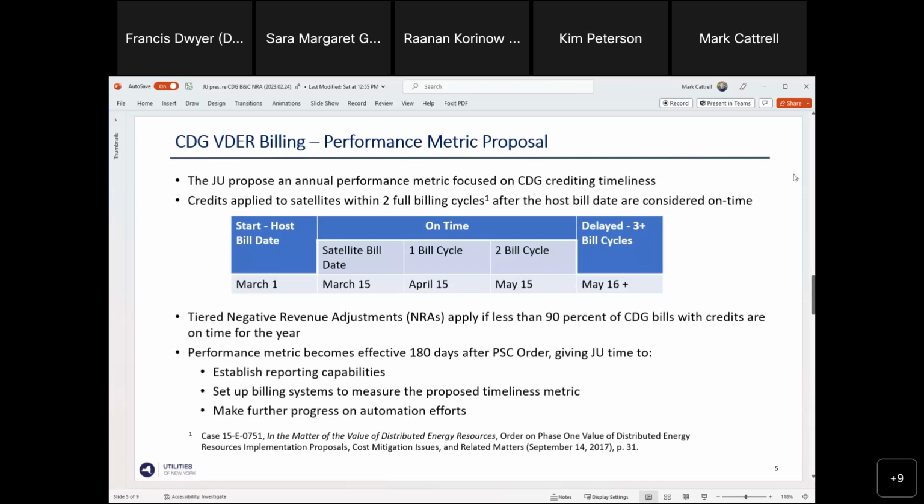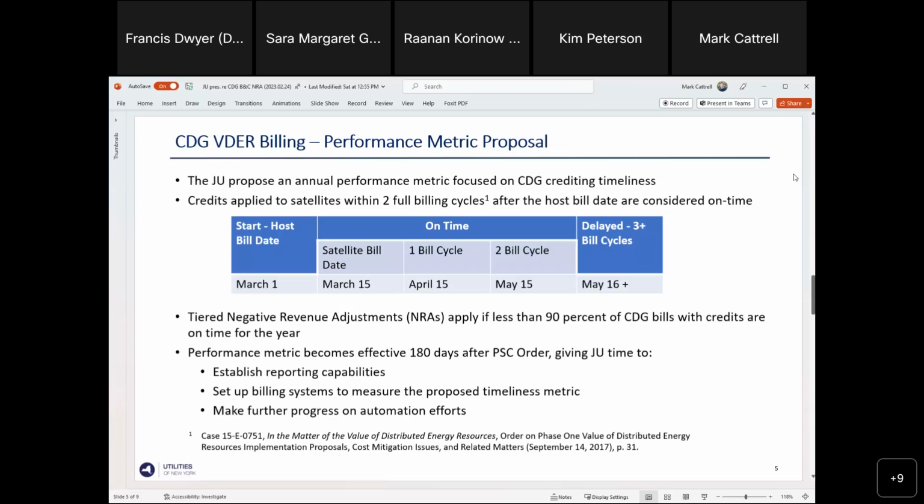Adam Conway for New York City. I have a question about the first threshold for the NRA where the credits aren't timely applied for more than 90%, or I guess it'd be more than 10%. Effectively, what it reads to me is that the utilities are asking for a 10% freebie on timely billing applications.